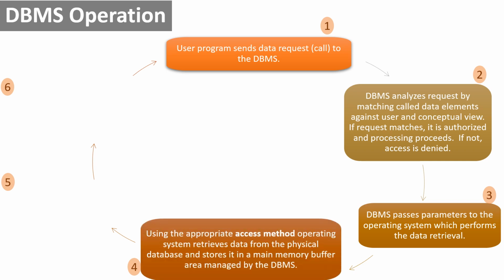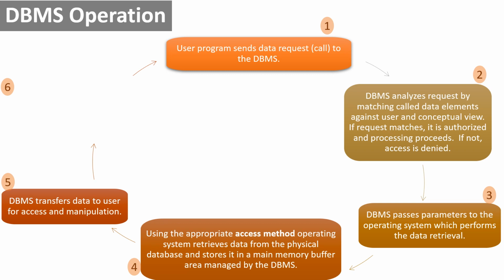Using the appropriate access method, the operating system retrieves data from the physical database and stores this data in the main memory buffer area managed by the DBMS, and then the DBMS transfers data to the users for access and manipulation.